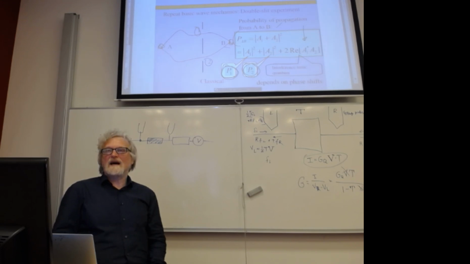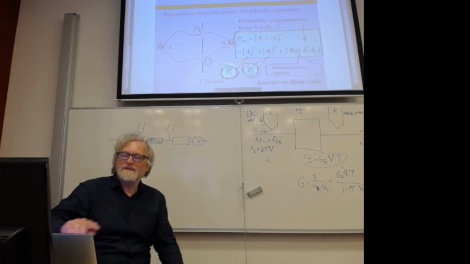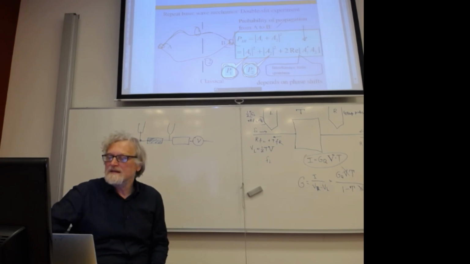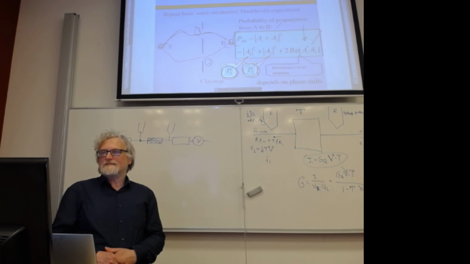How to single out this term? Classical terms do not depend on the phase which is acquired by the wave when it moves from A to B. The interference term does depend on the phase shifts.